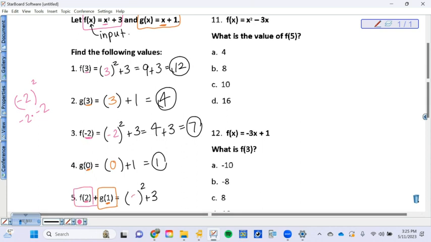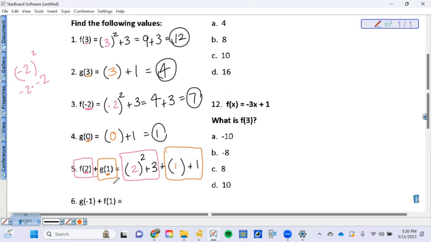That's the f of 2 part. And then I have to add g of 1, so that would be 1 plus 1, right? So f of 2 plus g of 1 is 2 squared plus 3 plus 1 plus 1.